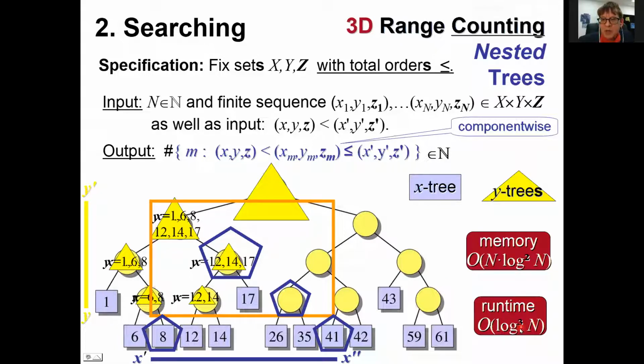So here it's logarithm to the dth power, and here it's logarithm to the d minus first power times n. So that is about the range counting problem, geometric range counting, rectangular range counting in arbitrary dimension.